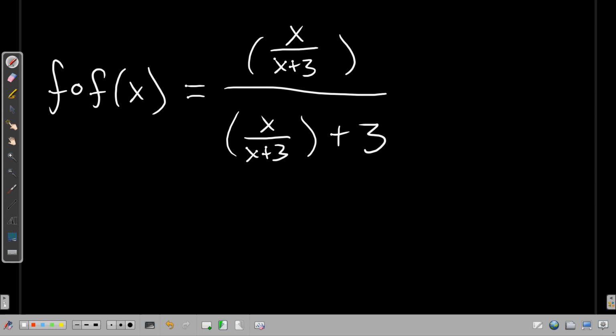Now, this composition might simplify in such a way where it might not have a denominator with an x plus 3. But since it inherited that problem, it cannot have -3 in its domain.